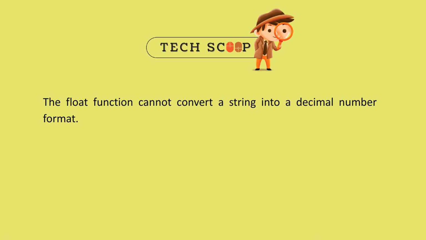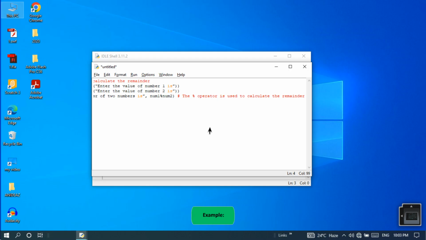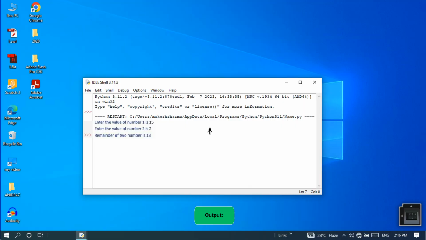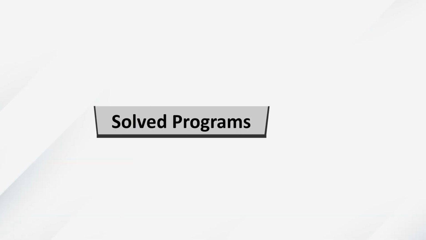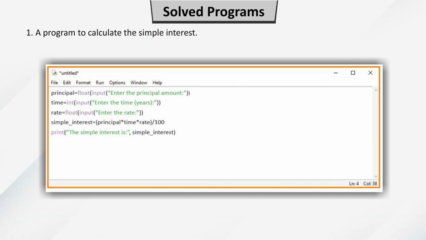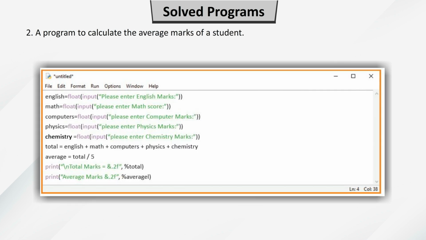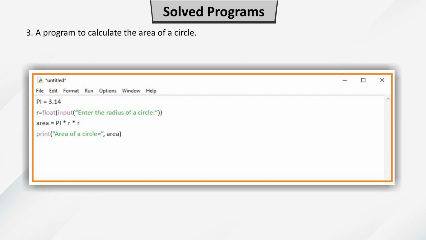The float function cannot convert a string into a decimal number format. Example output. Solved programs. 1. A program to calculate the simple interest. 2. A program to calculate the average marks of a student. 3.